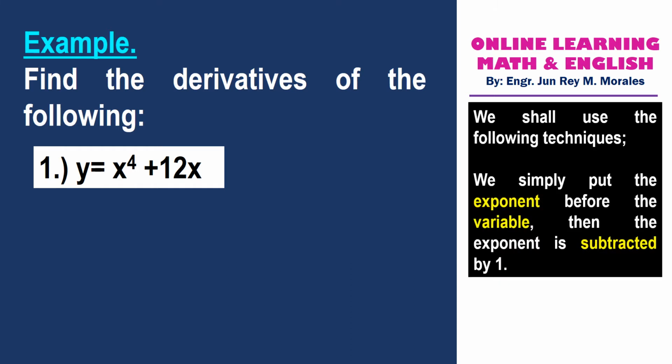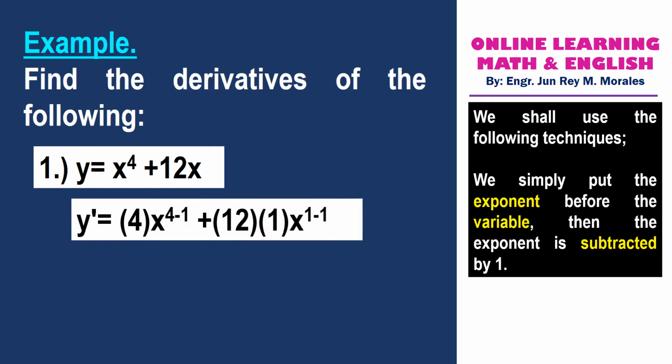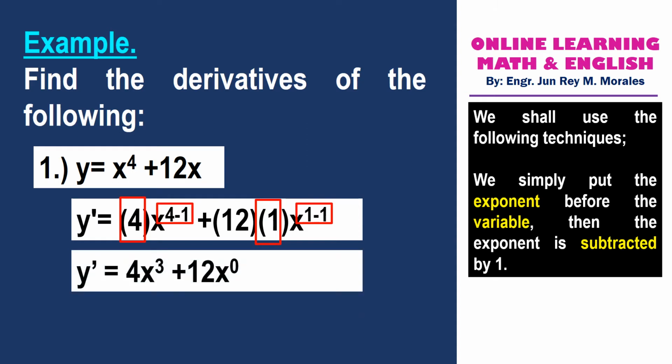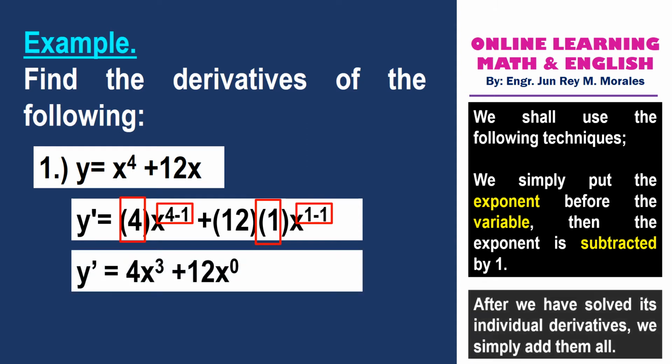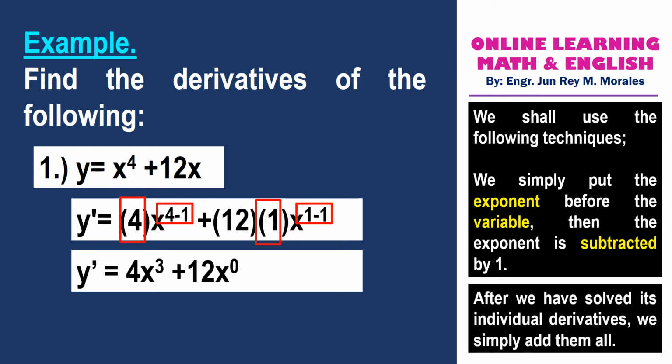We simply put the exponent before the variable, then the exponent is subtracted by 1. After we have solved its individual derivatives, we simply add them all.